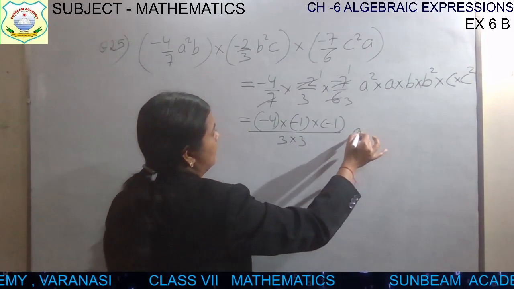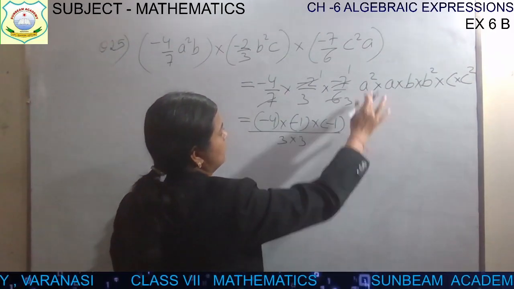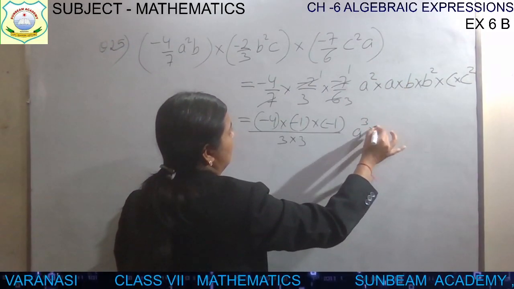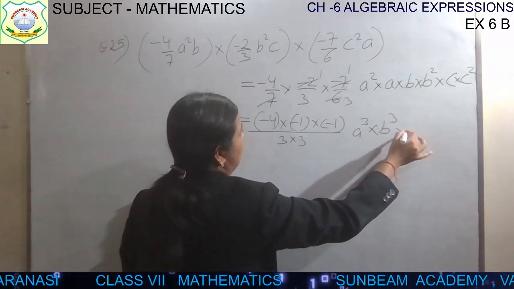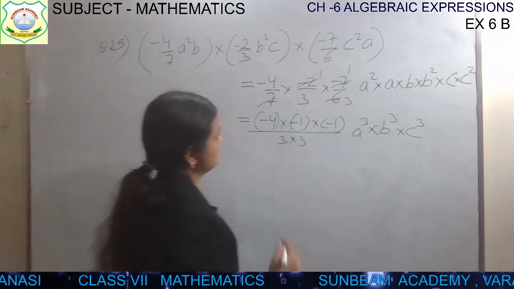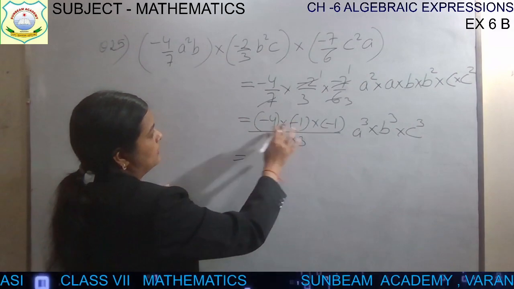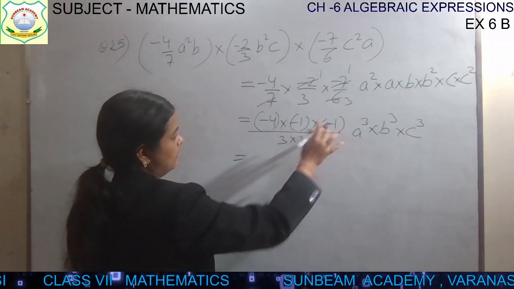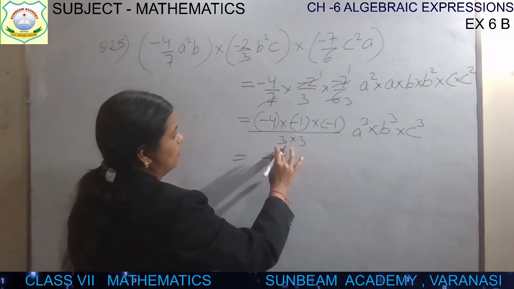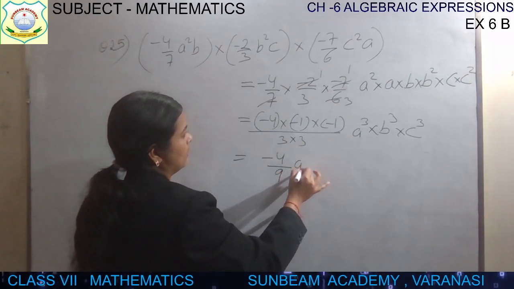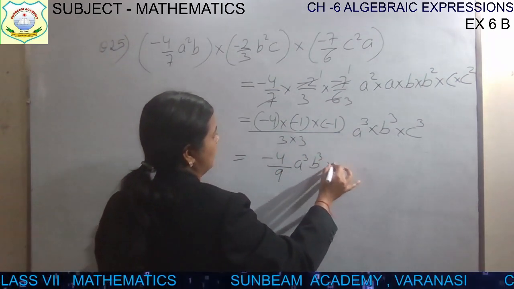What remains is a to the power 3, since 2 plus 1 is 3, and b to the power 3 and c to the power 3, all the same. Now here minus minus will become plus, but this minus will be left. So 4 upon 3 3s are 9, a cube, b cube and c cube.